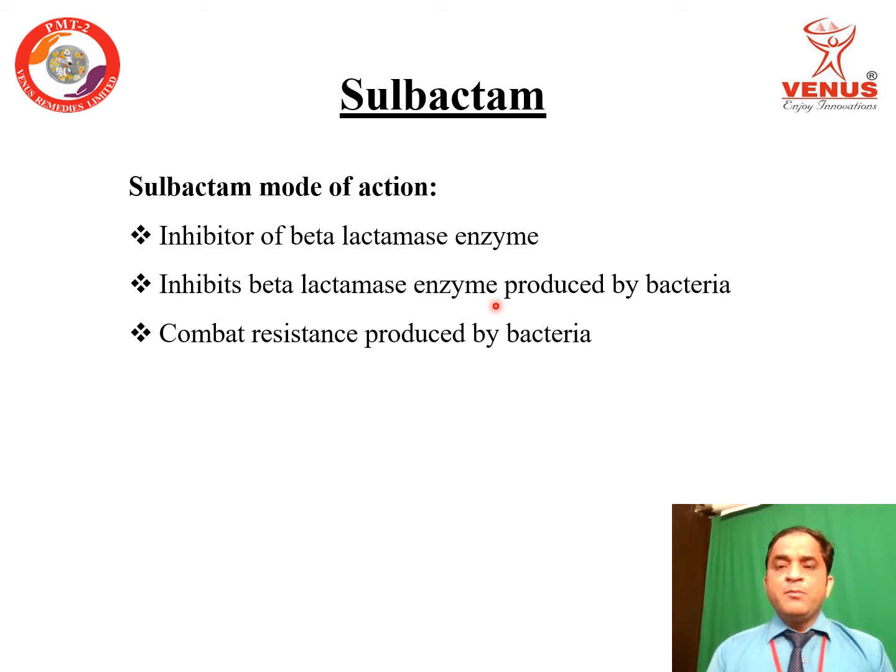So bacteria produce beta lactamase enzyme. And here, what is the role of sulbactam? Sulbactam, by inhibiting the beta lactamase enzyme, combats the resistance which is produced by bacteria. So this is about sulbactam.